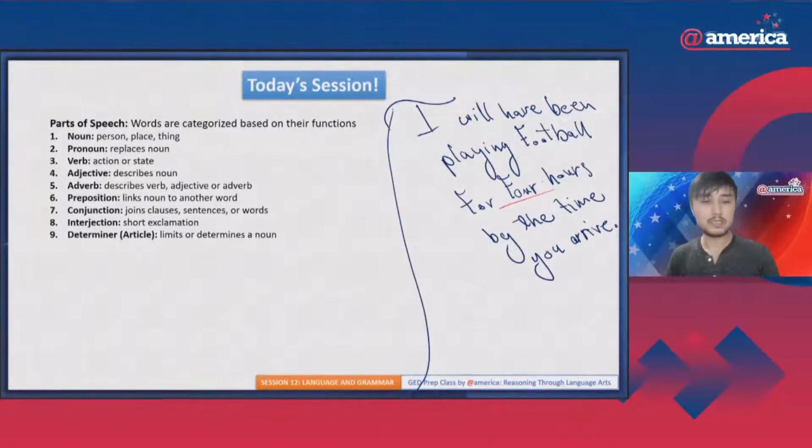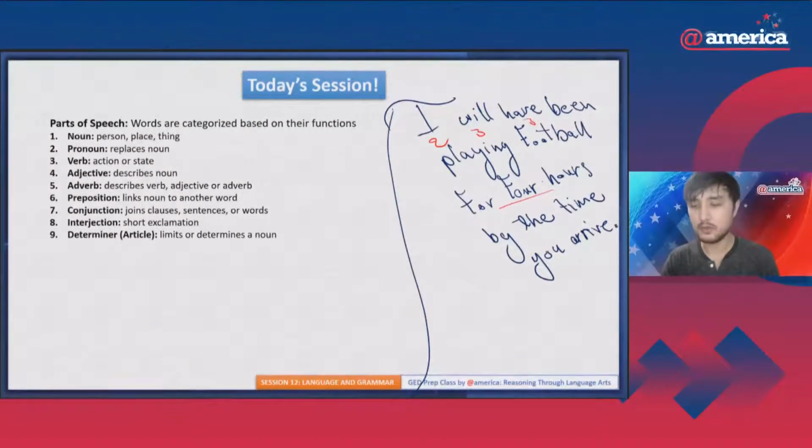And it doesn't really matter what sentence it is. Each word in the sentence belongs to one of these categories, and they are numbered, so I'm just going to write the numbers. I is a pronoun, and it's used instead of my name, right? Will is a verb, but it's an auxiliary verb or helping verb. Have again in here is an auxiliary verb.